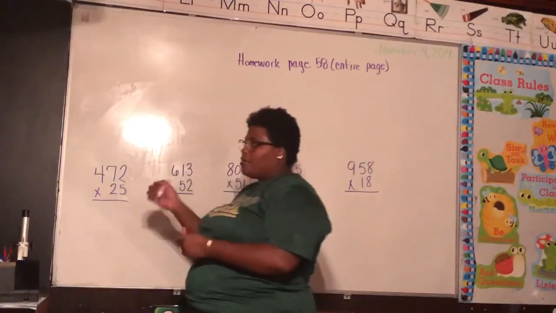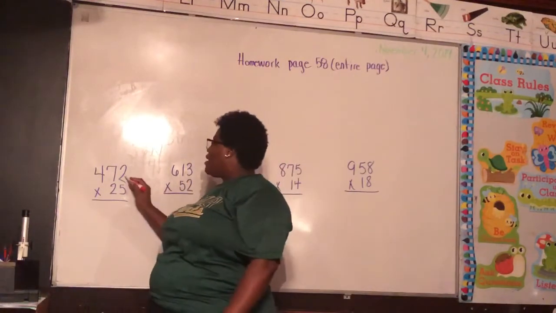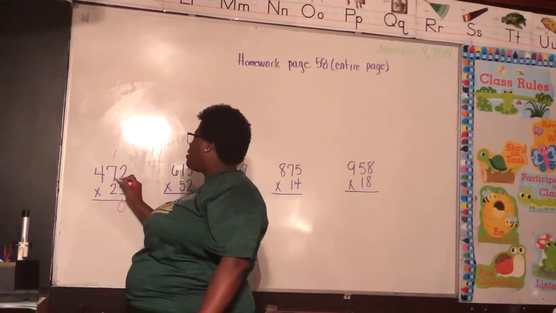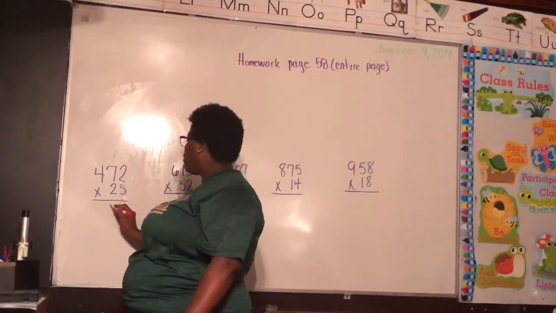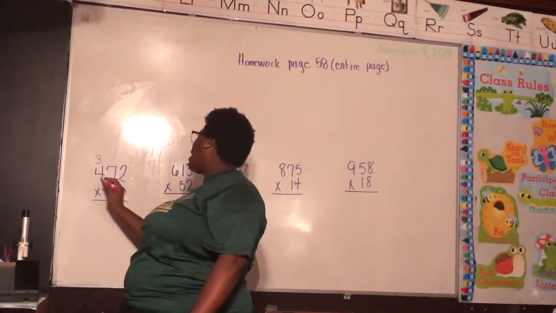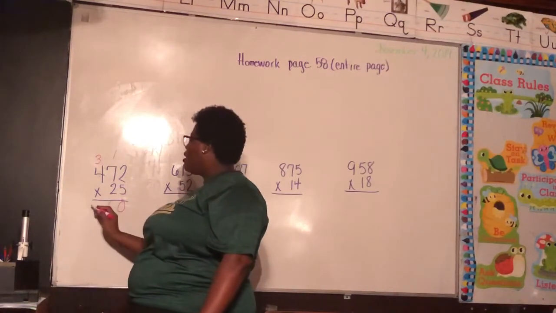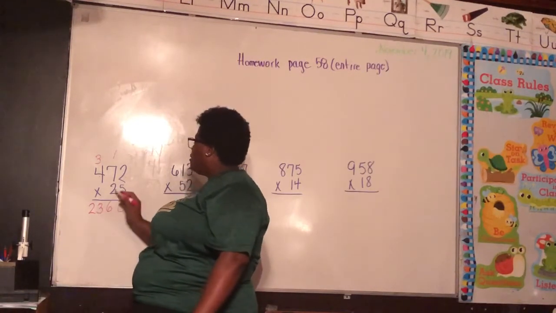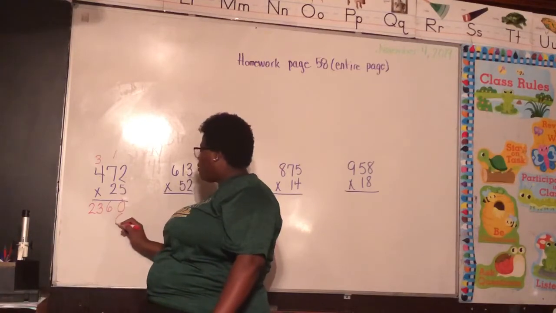Let's do this again. 5 times 2 is 10. 7 times 5 is 35 plus 1 more is 36. Carry the 3. 5 times 4 is 20 plus 3 more is 23. Now we're going to put our 0.